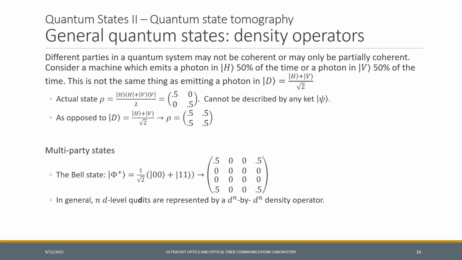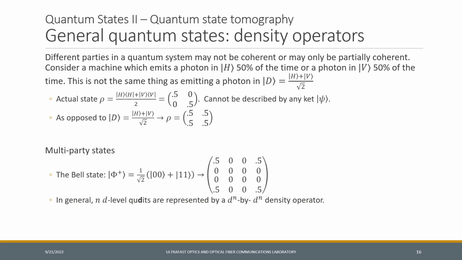Okay, so imagine I have a machine that emits a photon in horizontal polarization with 50% probability, or a photon in vertical polarization 50% of the time. Okay, this is not the same thing as emitting a photon in a superposition of H and V. That's just diagonally polarized light. All right, so the actual state we would write like this.